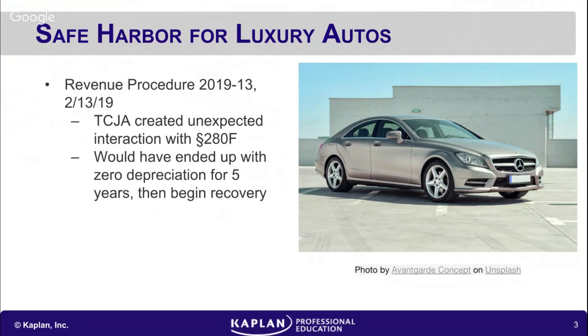So generally in year 7, because it takes us basically 6 years. Remember, half-year convention the first year, half year last year. So that means a 5-year asset has 6 years on the schedule. Well, that means that basically in year 7, we pick up whatever's left over.